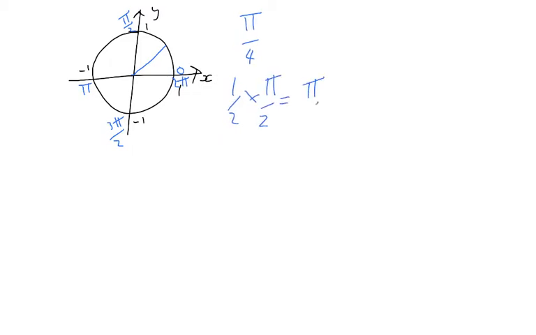We know that pi on 2 equals 90 degrees, so half of 90 degrees would have to be 45. So pi on 4 equals 45 degrees.